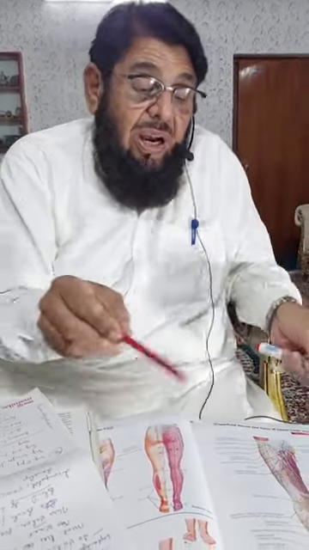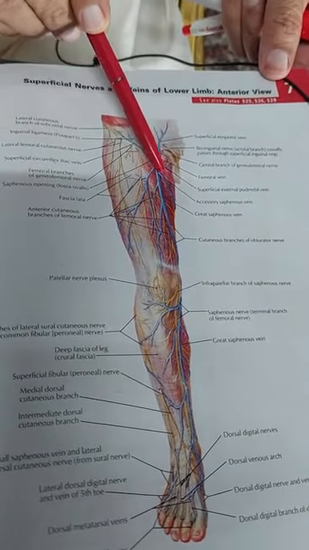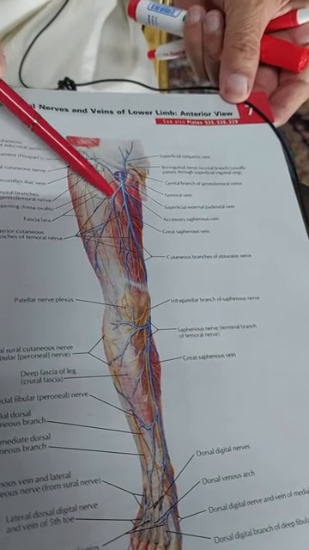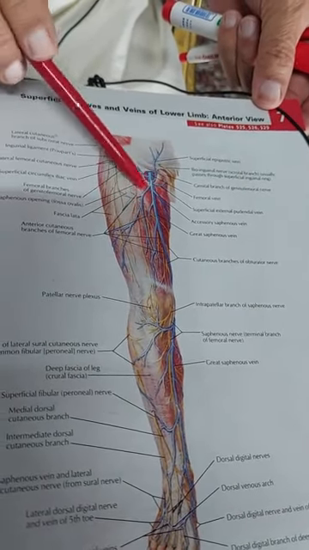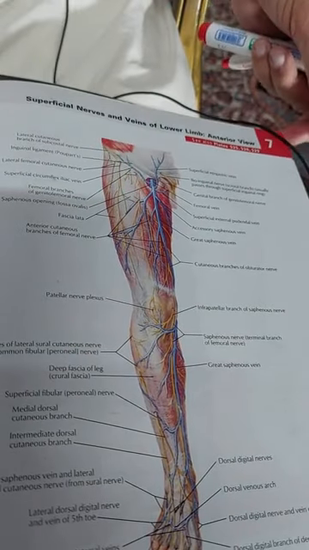The other tributaries of the great saphenous vein are, you look over here on the medial side, one vein which we call the accessory saphenous vein, and on the lateral side there is another vein in front of the thigh which we call the anterior femoral cutaneous vein.